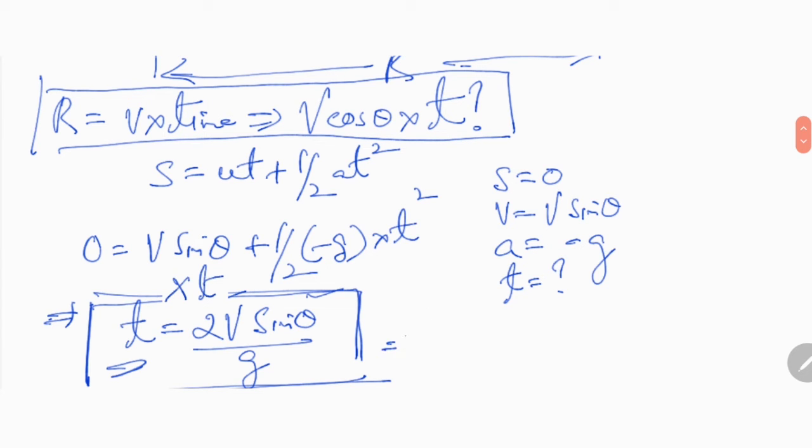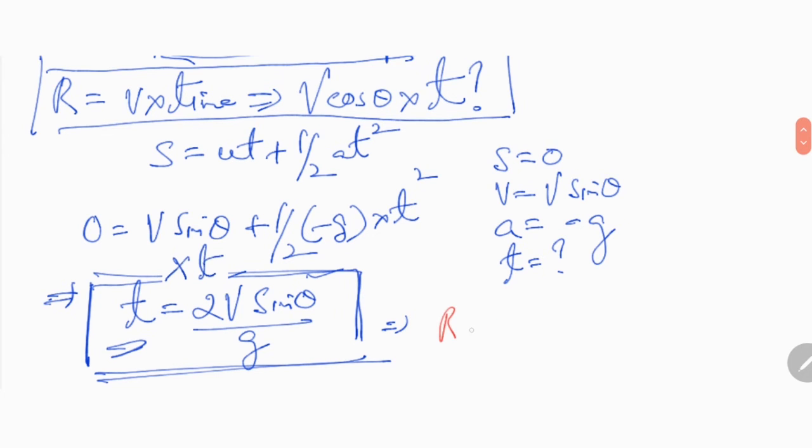So let me do it in a different color. Range now will be equal to v cos theta into time, which is 2v sine theta by g. Clear? So if we further simplify this, what will we get?